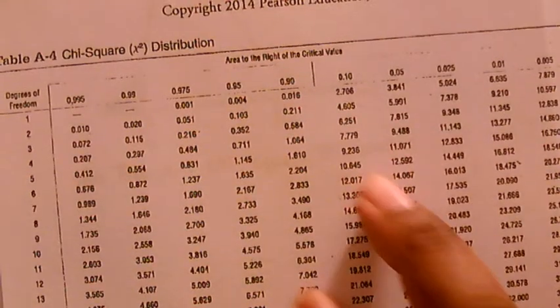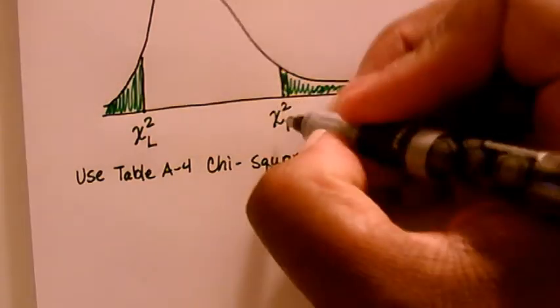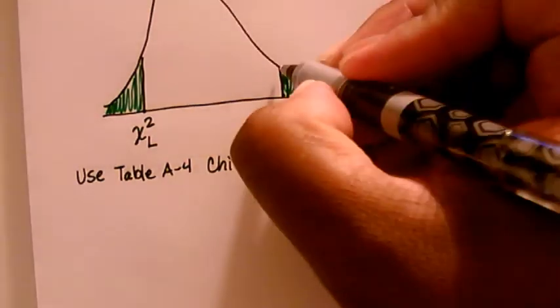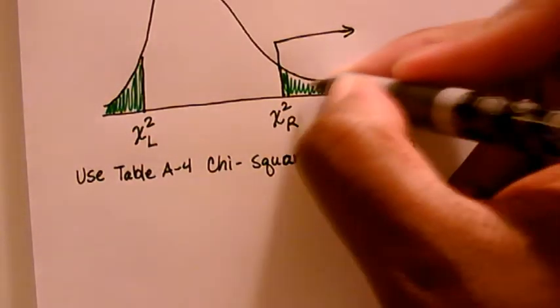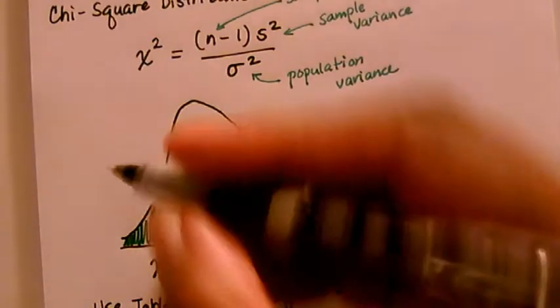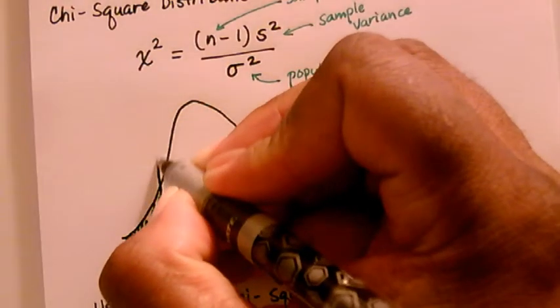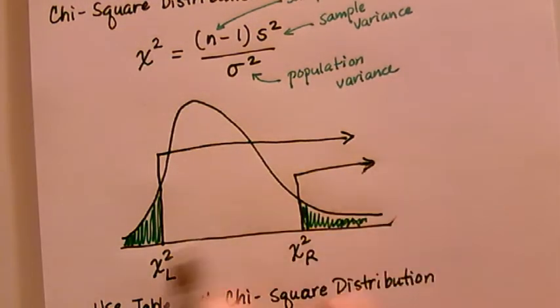So in other words, if we're going to find the chi-square value on the right, we have to look at this area on the right-hand side. Now for the chi-square value on the left, it is that area to the right, and not this area that's on the left-hand side.